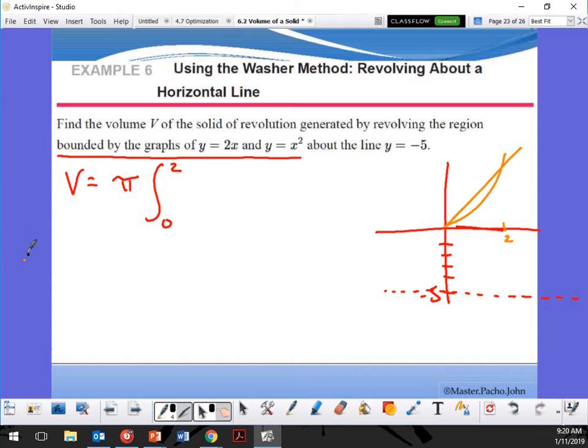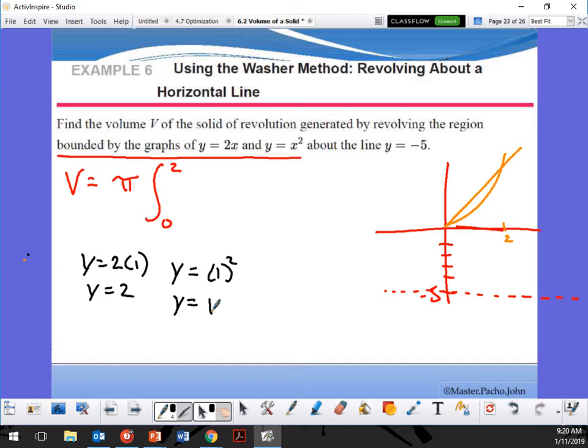We plug an x value from my bounds, so let's plug in 1. For y equals 2x, y is 2, and for y equals x squared, y is 1.